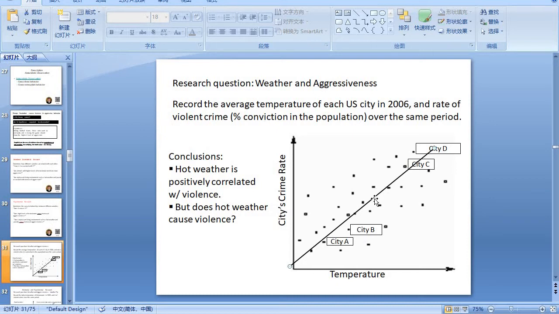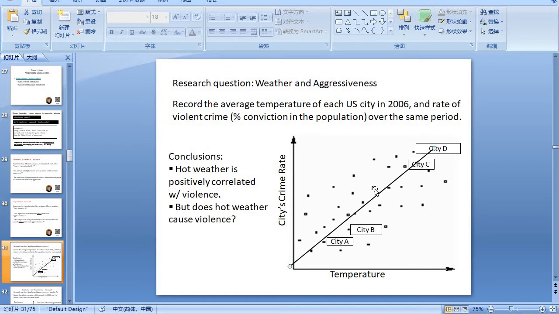Here I've drawn a line of best fit, or best fitting line. By best fitting line, I mean that you see all the dots have some distance from the line. Only a very few dots are actually on the line. And the best fitting line has the shortest combined distance from all the dots.